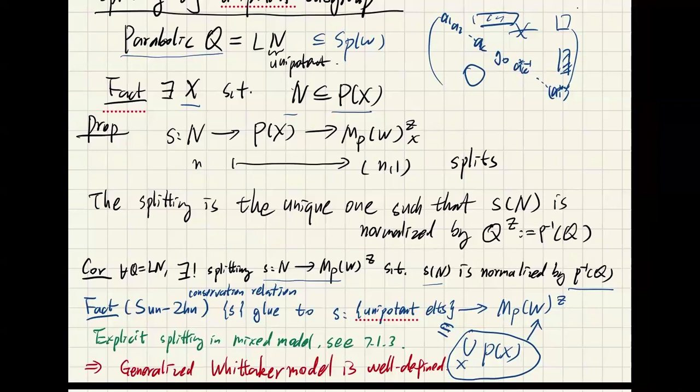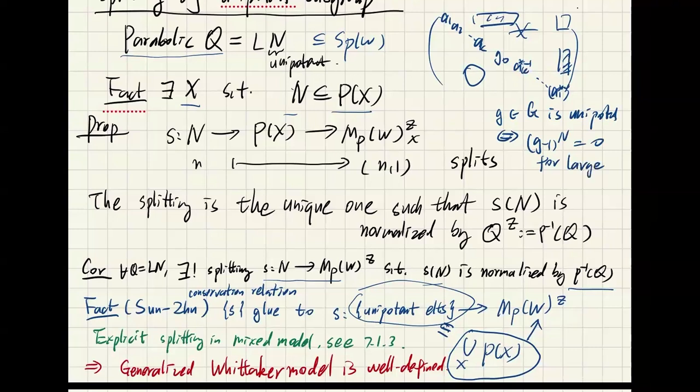But it does not contain many Weyl group elements, though it contains a lot of things. The most useful one is the unipotent elements: an element g in G is unipotent if and only if (g minus 1) to the power N is 0 for large N. Here G always means Sp(W).